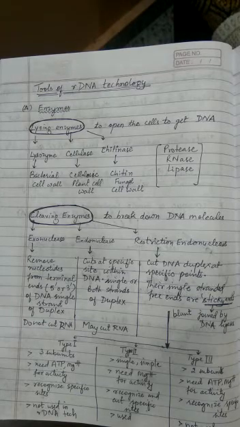It can cut at the single strand also, and it can even cut the RNA, but it reads a particular sequence to cut. And restriction endonucleases are those which read a particular sequence on both strands. It is going to make a cut at a particular position only, and thus it may lead to the formation of either sticky ends or otherwise blunt ends.